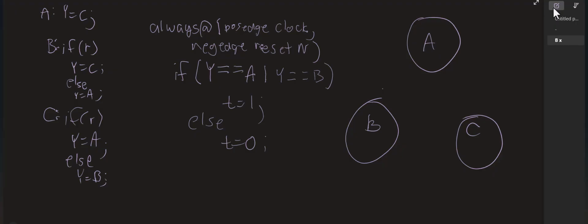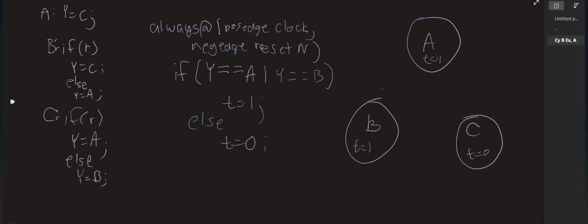And what's the output gonna be? 1 for A, 1 for B, and 0 for C. Yep. And that's because it says if y equals A or y equals B, then t equals 1, else t equals 0.